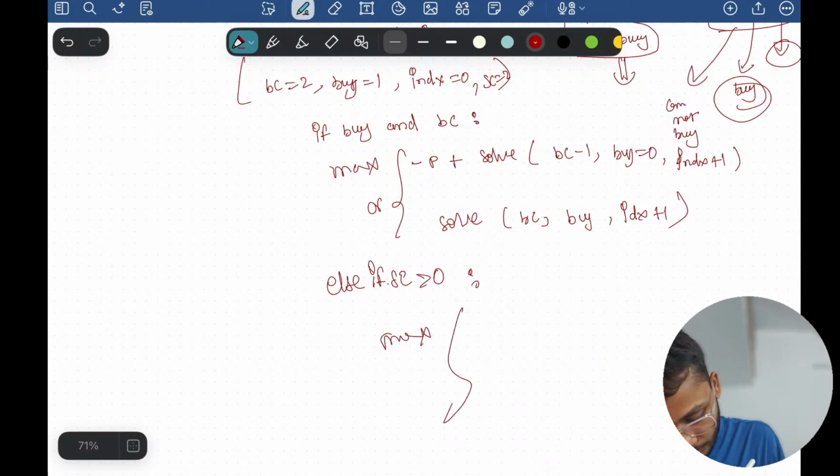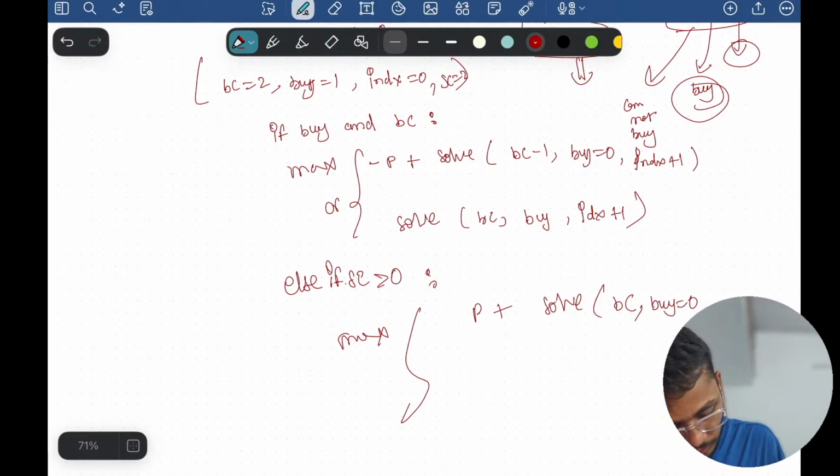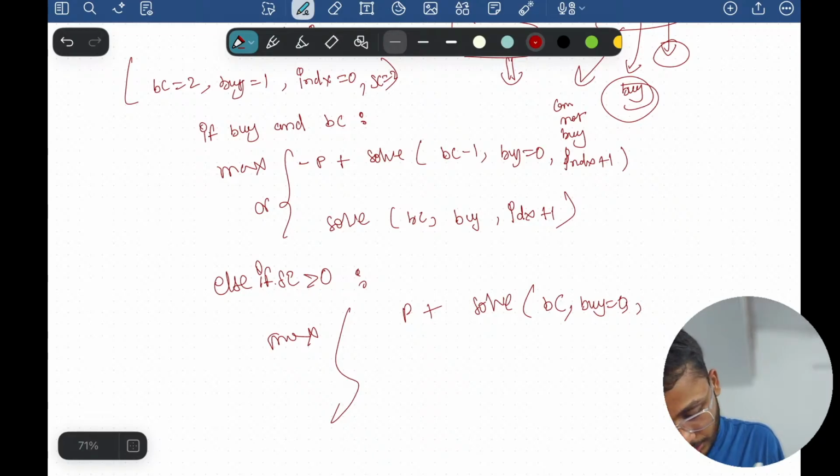Max of, so P plus solve and BC will remain the same. Buy will become 0. You cannot buy, you can sell only.